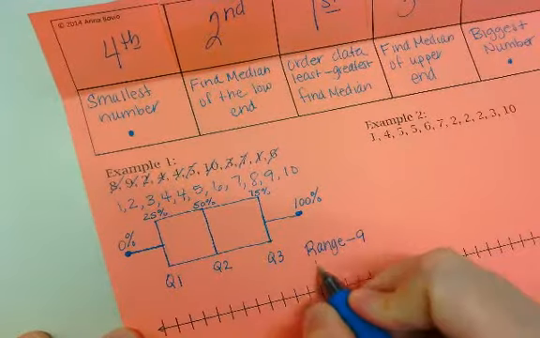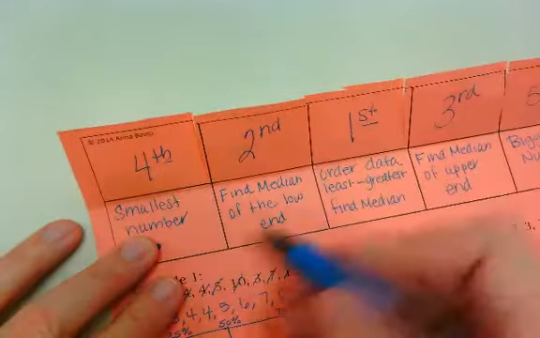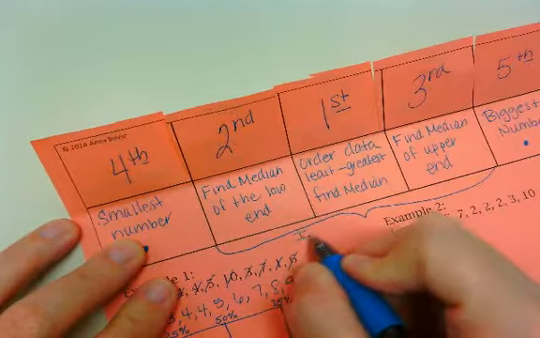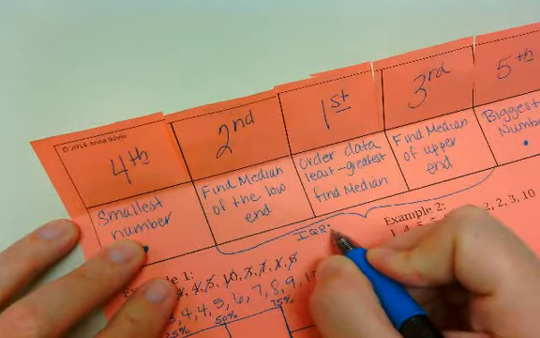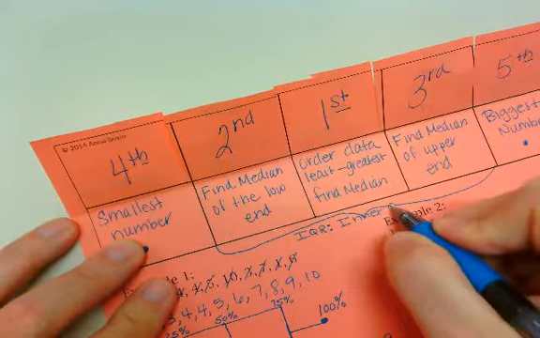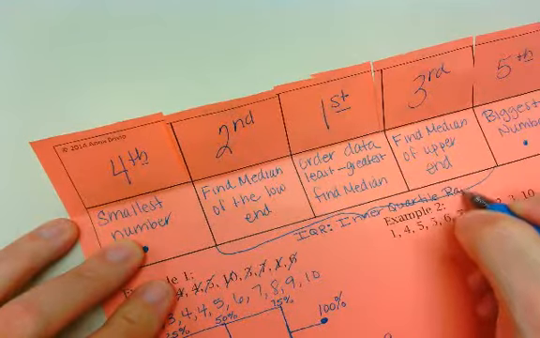Now, something new is called the IQR. Understand that IQR is the interquartile range.